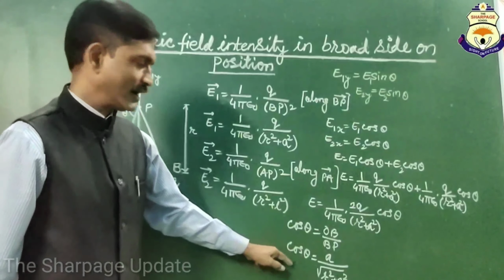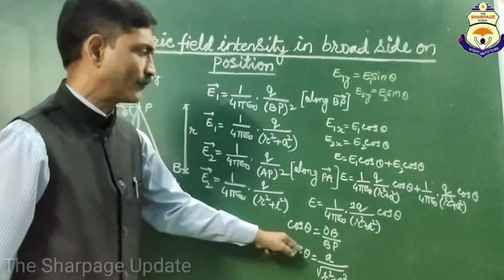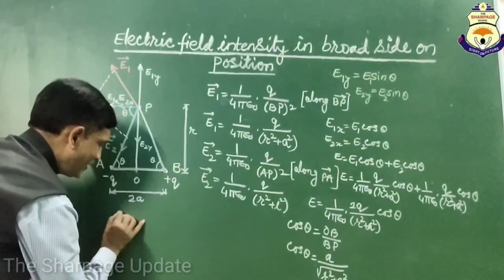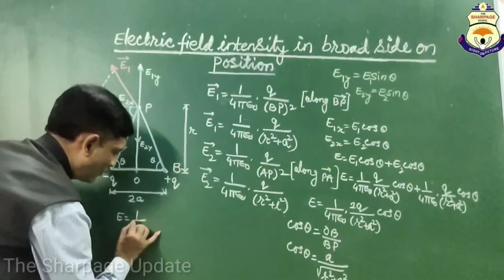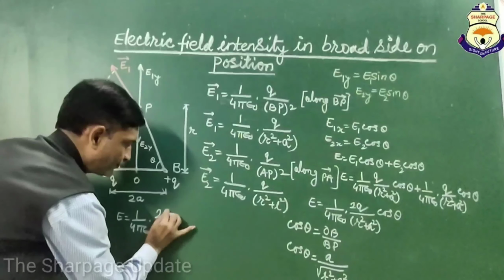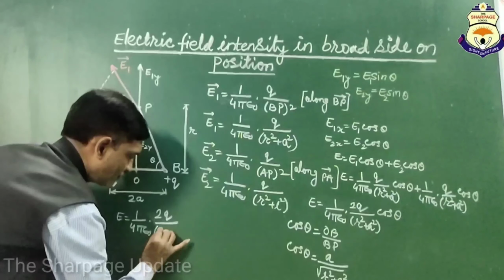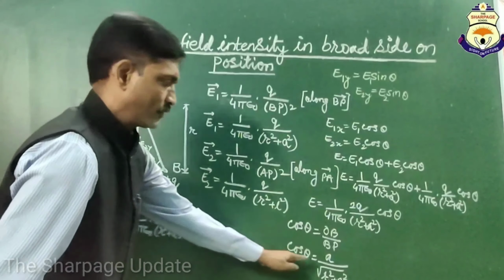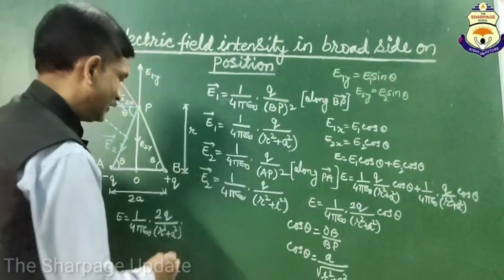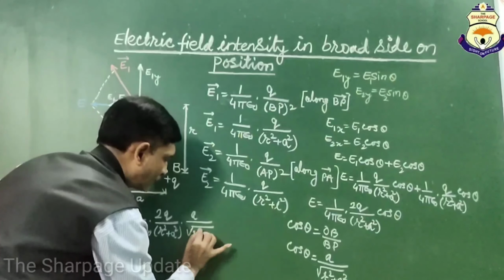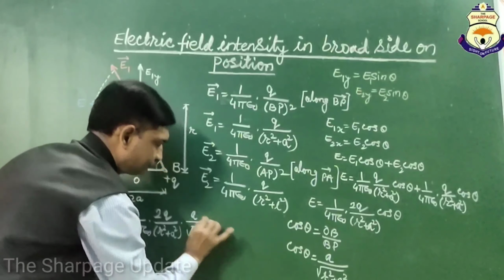This is the value of cos theta, and by substituting it here, we can find the final expression. E equal to 1 upon 4 pi epsilon 0 into 2q upon square root of r square plus a square, into a upon square root of r square plus a square.